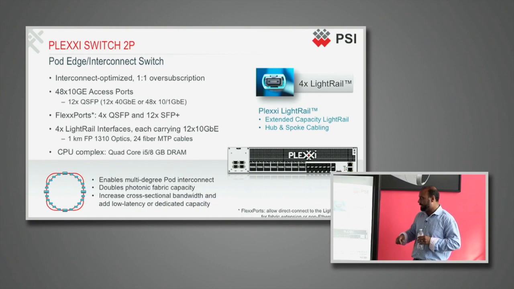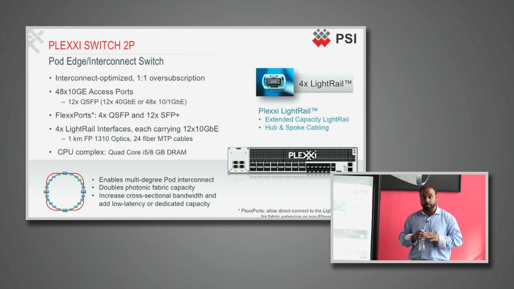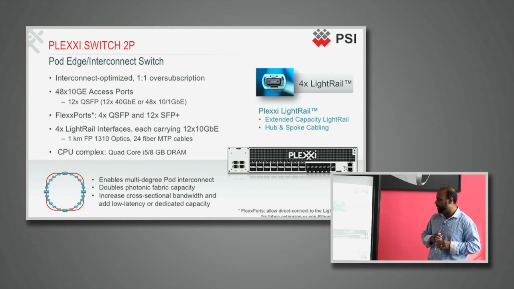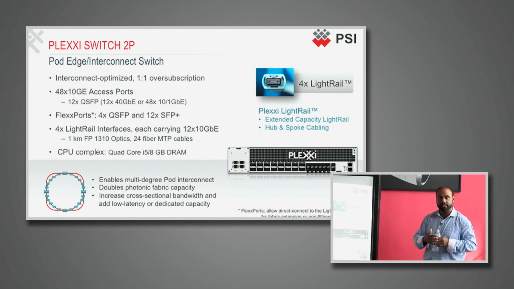It also has the equivalent of 4 QSFP and 12 SFP of those flex ports that I told you to remember, which I'm going to tell you about in a second. Same CPU complex. This is actually the same exact switch. The only thing is we've taken some of those access ports and made them into additional fabric capacity over a separate light rail.